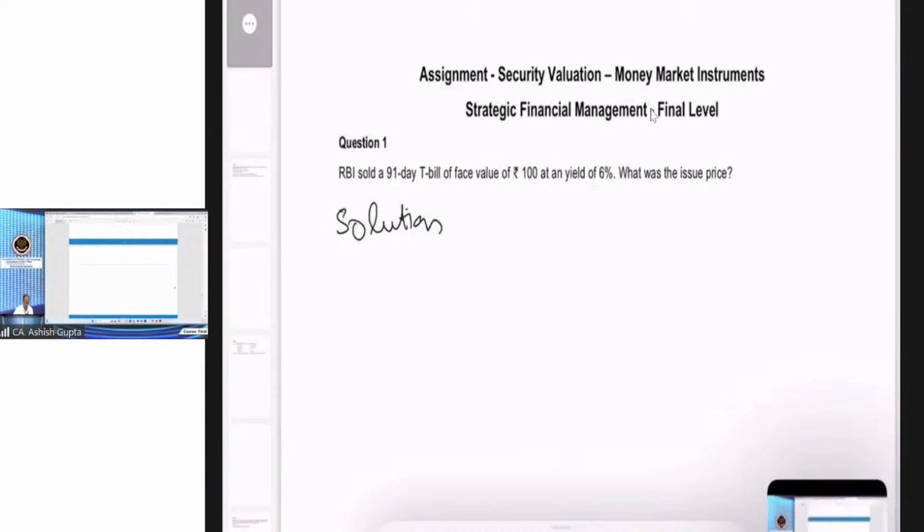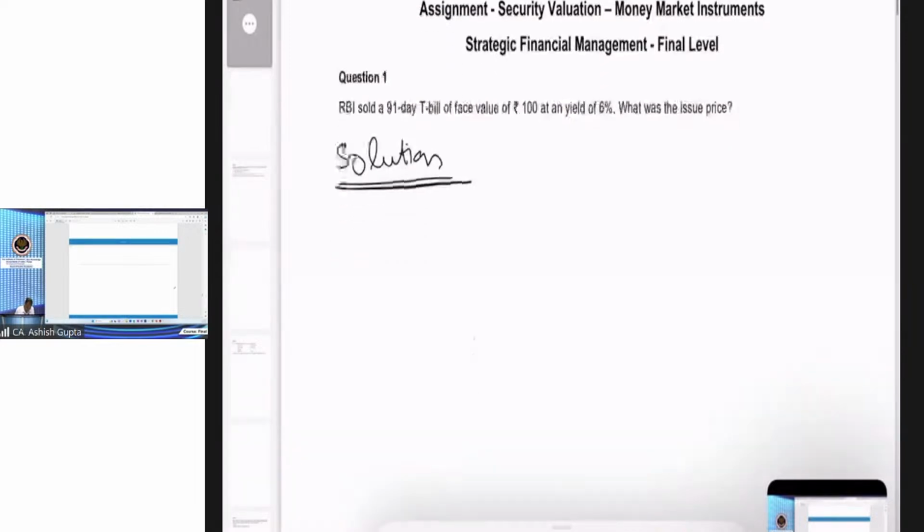Okay, students, I am starting with question number 1 of the assignment. It says RBI sold a 91 days T-bill, face value 100, at a yield of 6%.